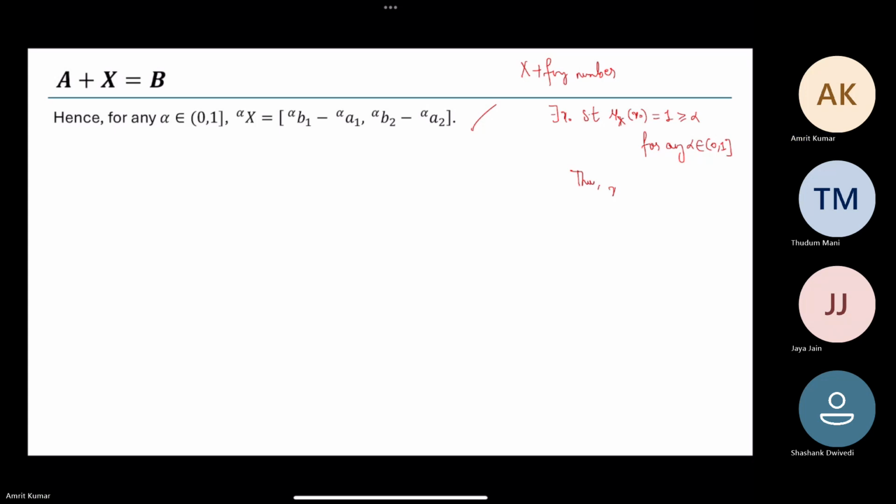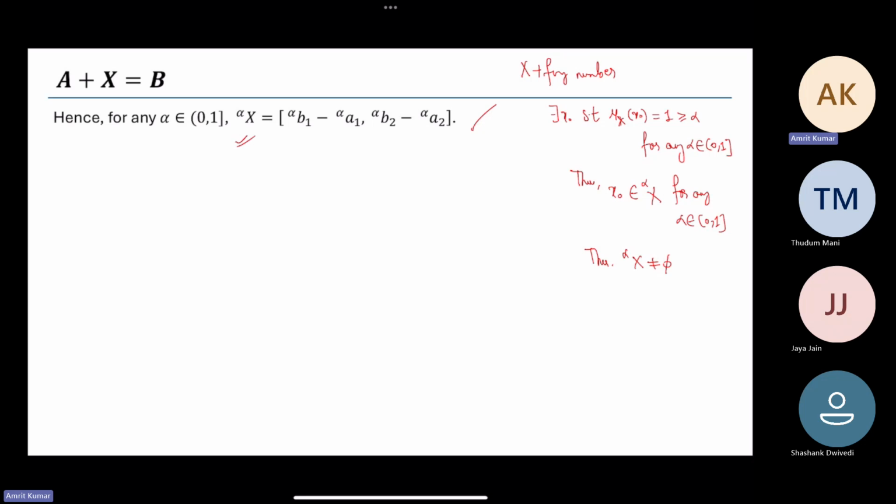Thus, X naught will belong to alpha cut of X for any alpha greater than 0. In other words, any alpha cut for alpha greater than 0 is non-empty for a fuzzy number X. So therefore, this alpha X needs to be non-empty for every alpha greater than 0.